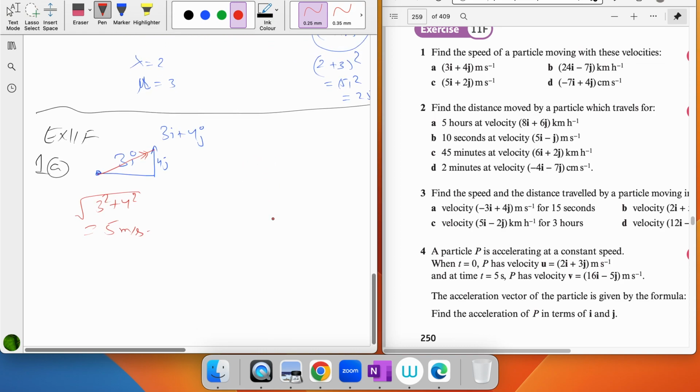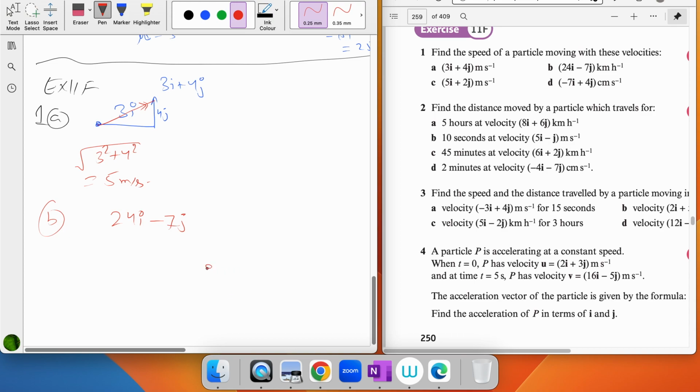In case of 1B part, it is 24i minus 7j. So this would look like 24i in positive direction, 7 in negative direction, and this is your resultant.